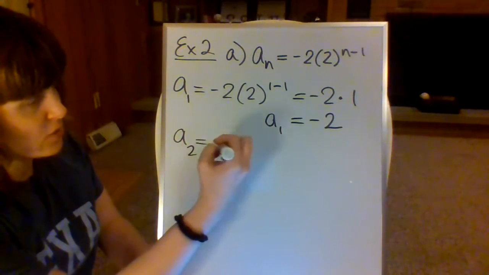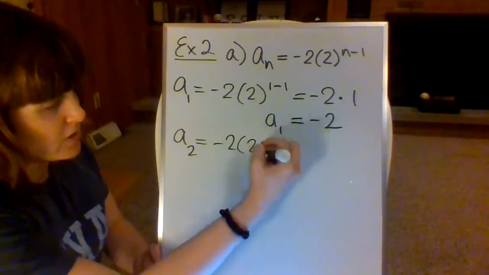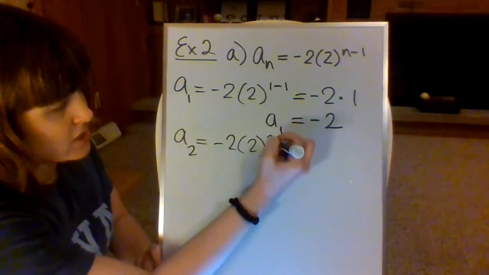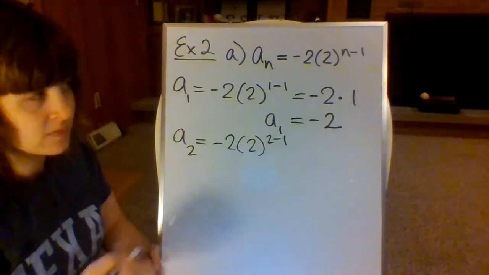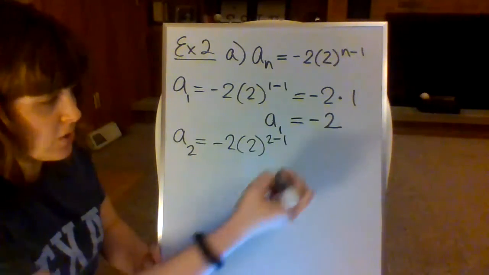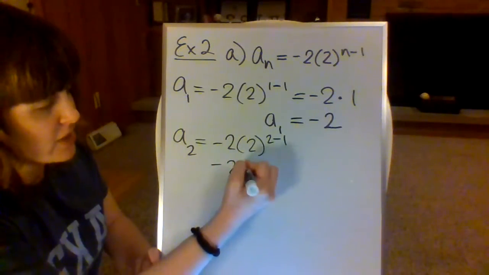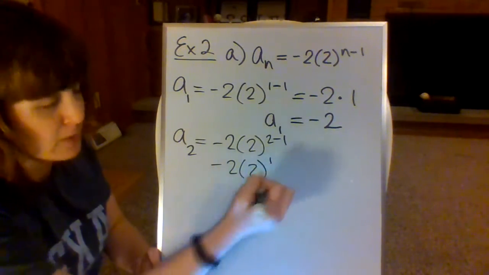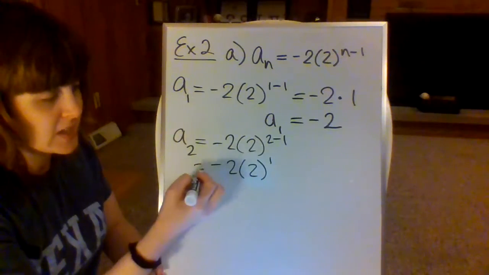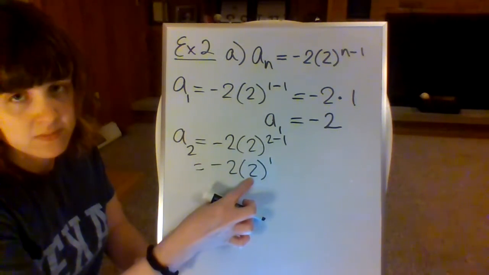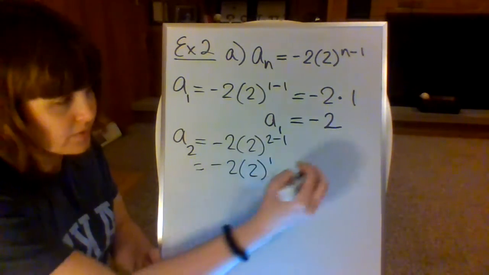Alright, now A2, -2 times 2 to the 2 minus 1. Alright, so 2 minus 1 is 1. So we're going to have -2 times 2 to the first power. So what is -2 times 2? -4.